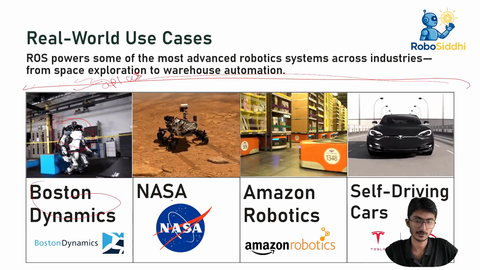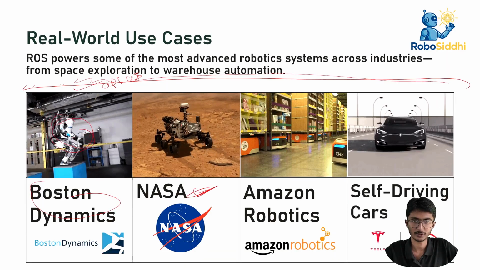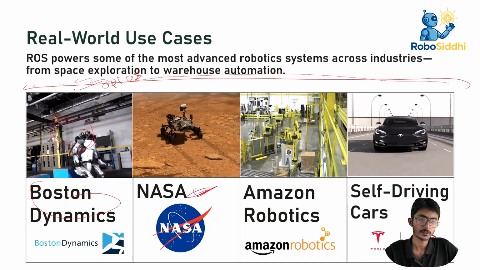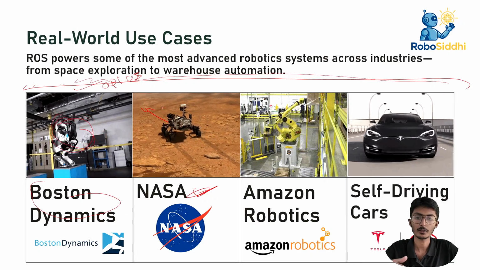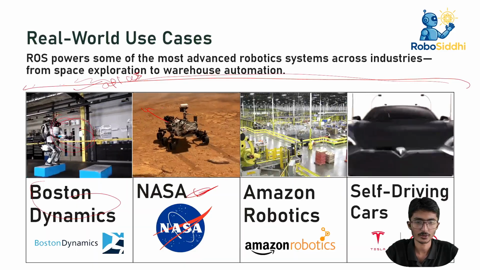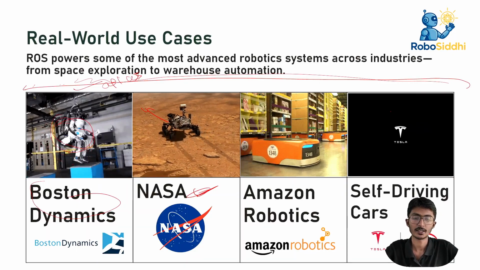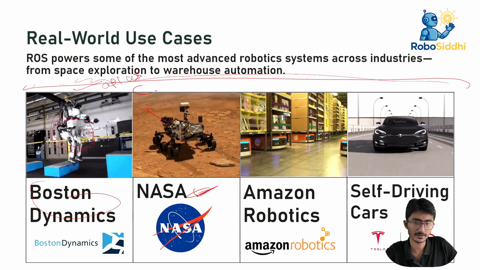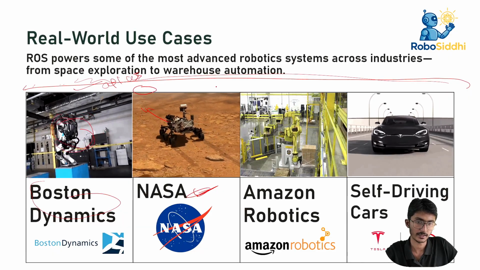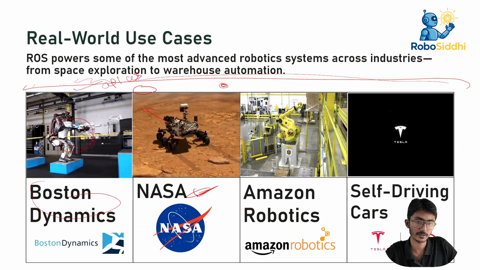Now there's NASA. We know NASA, no introduction. They are using ROS on their Perseverance rover. So how is the robot going to use ROS in such Martian conditions? They use it for mapping. Imagine this is the rover, and this is the destination where it has to go.